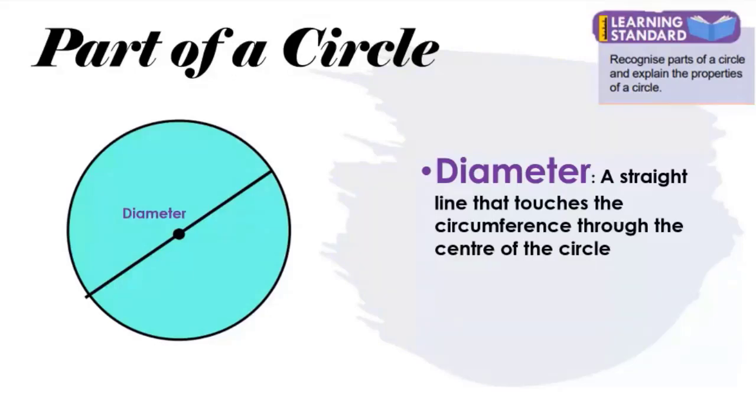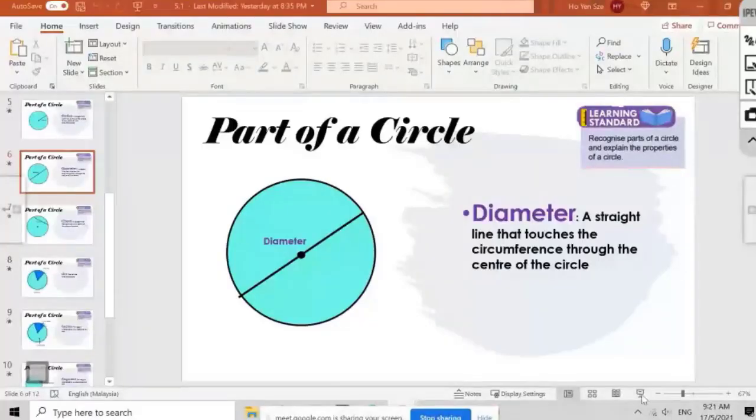If I draw on the slide, can you see or not? Still can't see. Why can this one not work here? Okay, wait, I have to change it like that. Now can you see my screen or not? Yes, we can see, teacher.